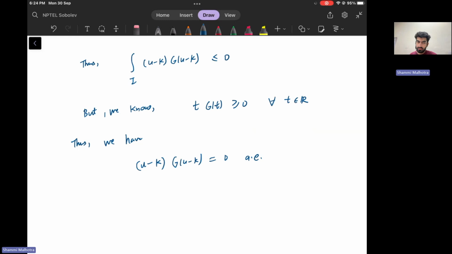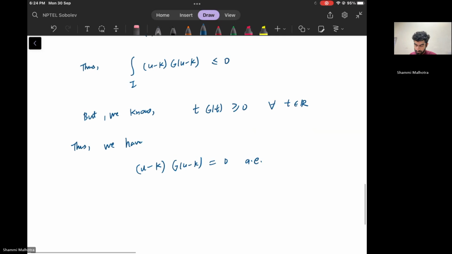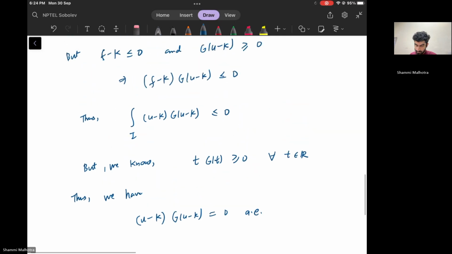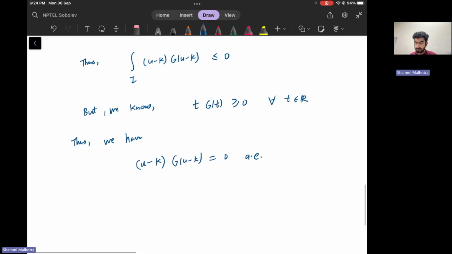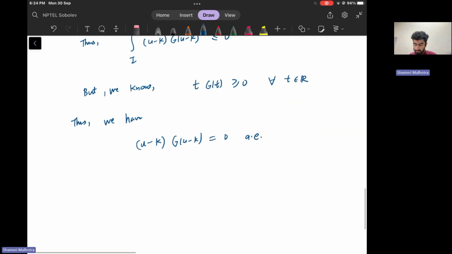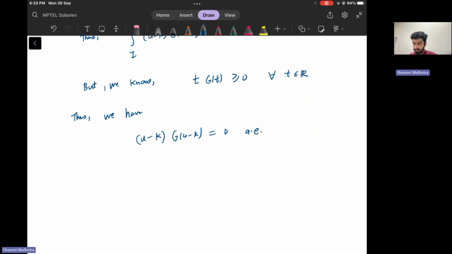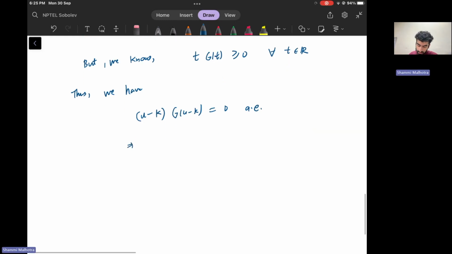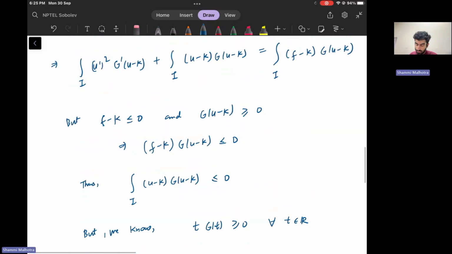But once that is equal to 0 almost everywhere, this holds because I know that for u greater than k, the right hand side is strictly positive. Basically, u minus k is positive, and then so is g of u minus k. But this proves that u minus k has to be less than or equal to 0 almost everywhere.